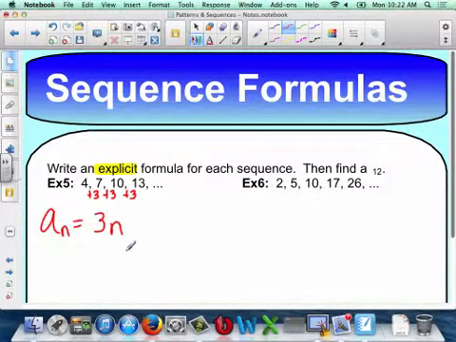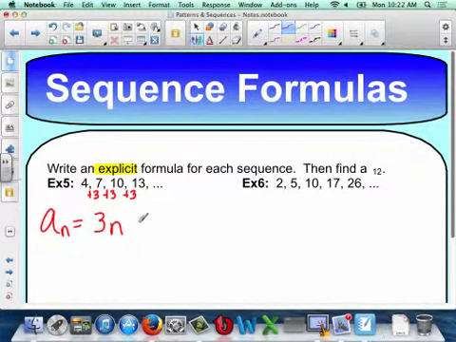Okay, does that work? Just A sub n equals 3n? No, sure. Okay, what do we need to do to tweak that, Brandon? The plus A sub 1. Yeah. Okay, well, A sub 1 is 4. So if I go 3 times 1, that gives me 3. Ladies, how do I get from 3 to 4? Plus 1.